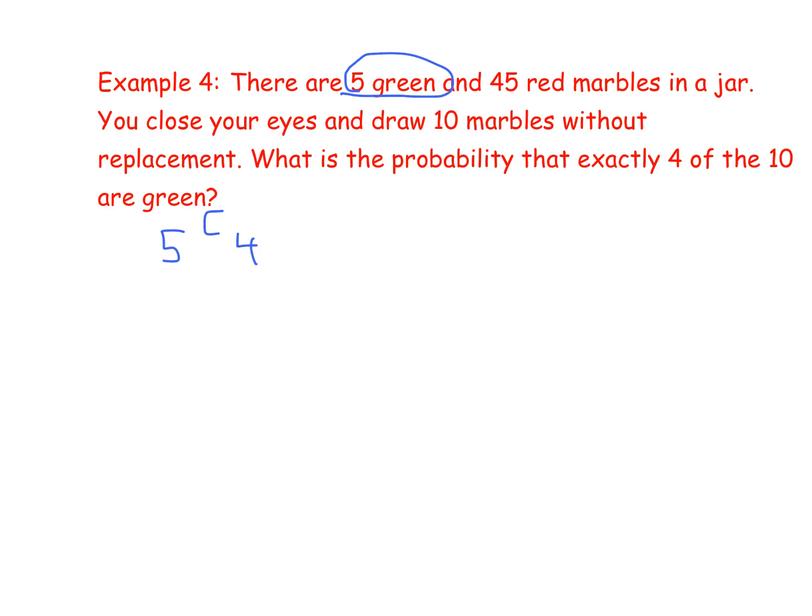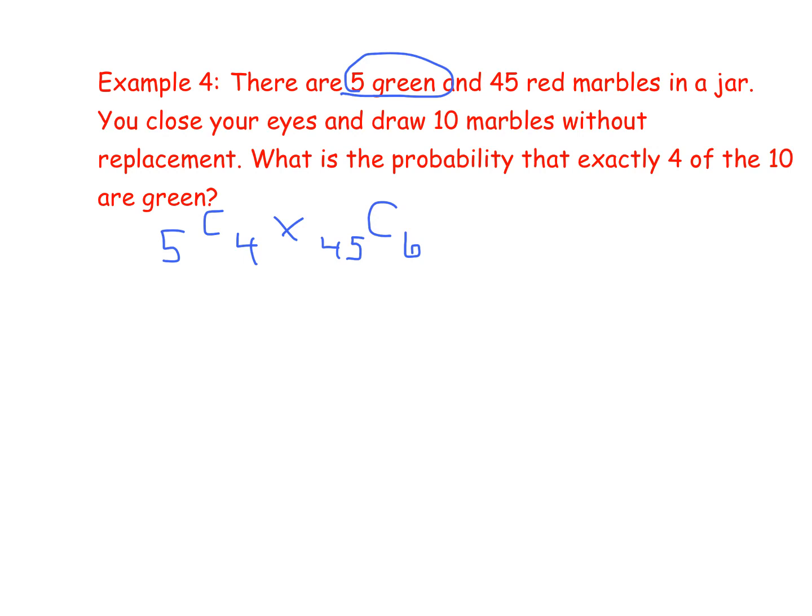So we're going to go to that pile of green marbles and choose 4 out of the 5 of those. But we have to choose 10 marbles, so the rest of our marbles have to come from the group of red marbles, and there's 45 of those, and we're going to choose 6 so that we have 10 marbles selected.